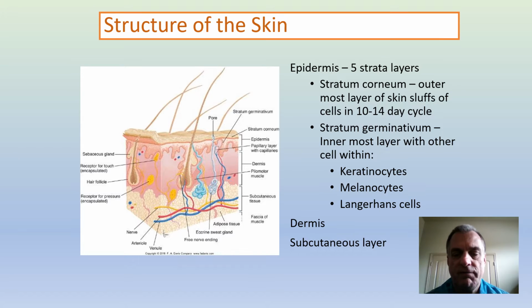Within that line of defense, within the stratum germinativum, the innermost layer of the epidermis, lie several functional cells. Keratinocytes are cells that produce keratin, a tissue for tensile strength and a hardening agent.